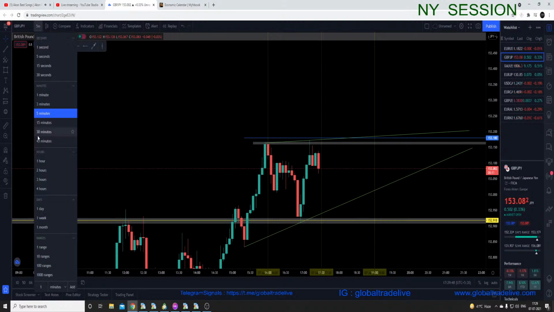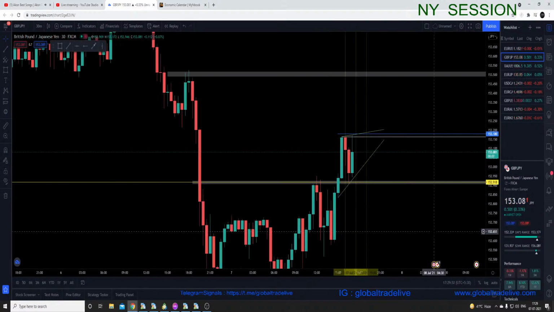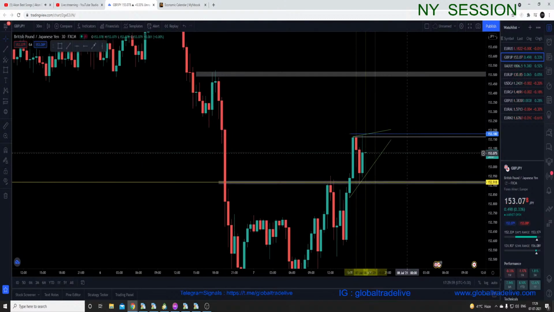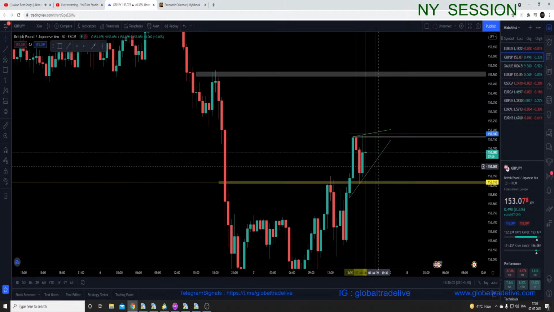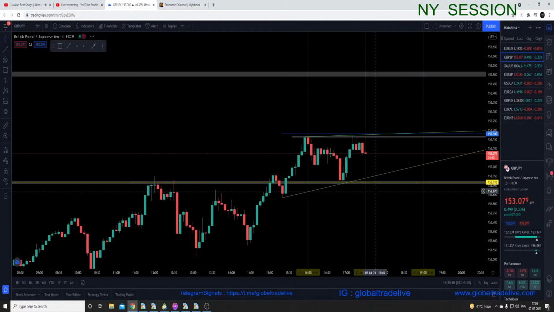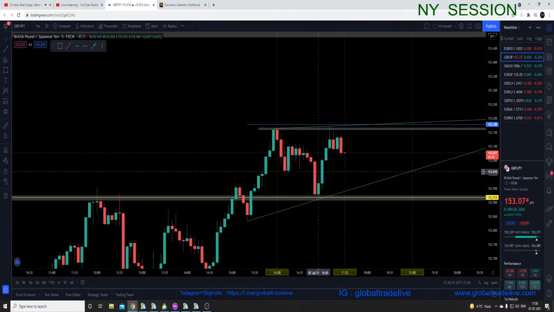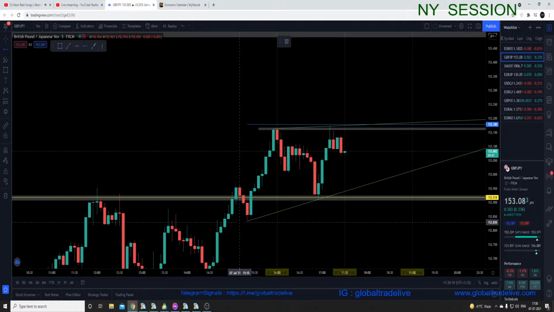So let's switch to 30 minutes and check. Yeah, so the new 30-minute candle has just started forming here. So the sells will be below this area.